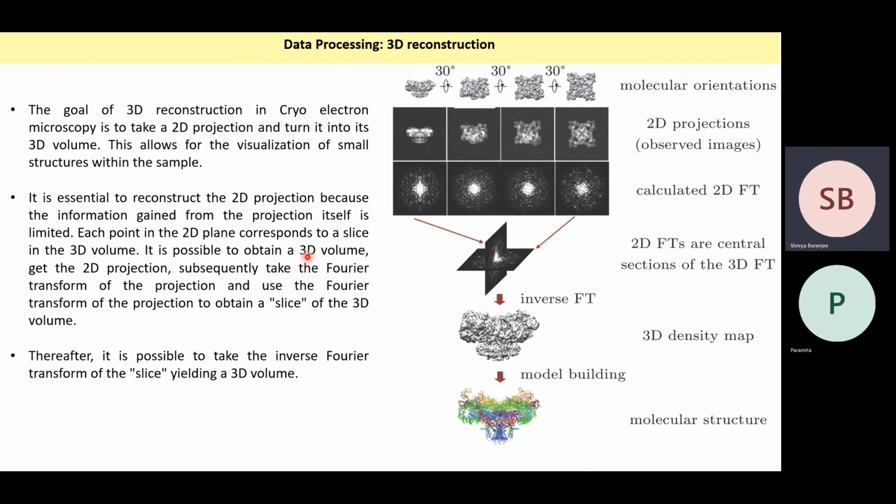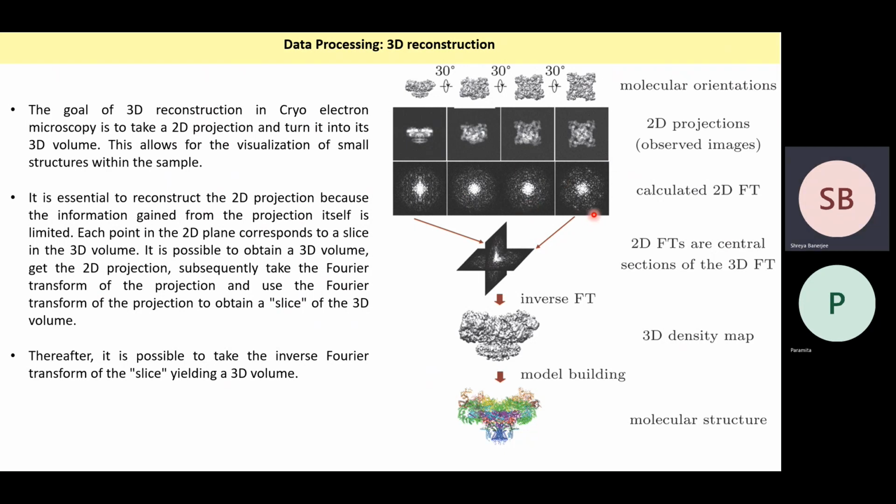It is possible to obtain a 3D volume, get the 2D projection, then take a Fourier transformation of the projection. So if you take a Fourier transformation of the 2D projection, you will get a slice of the 3D volume. What this means is that you have the 2D projection.